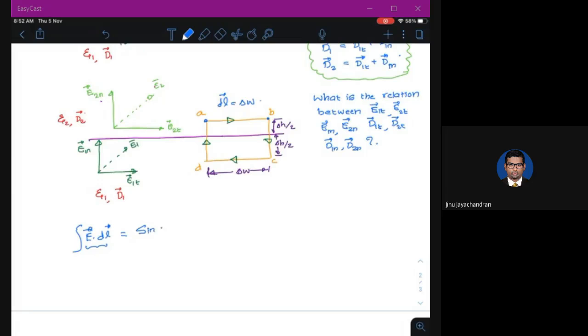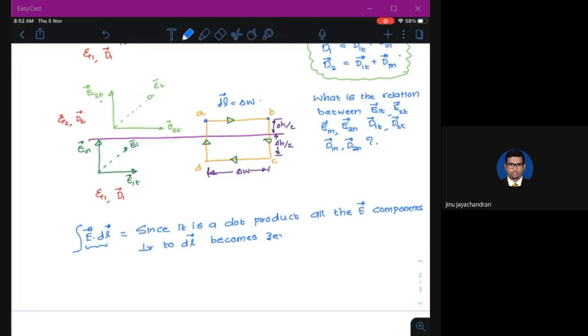Since it is a dot product, the electric field components perpendicular to dl become 0.